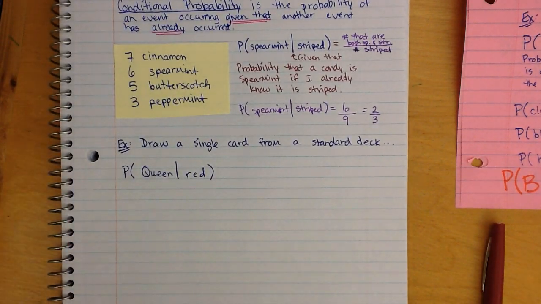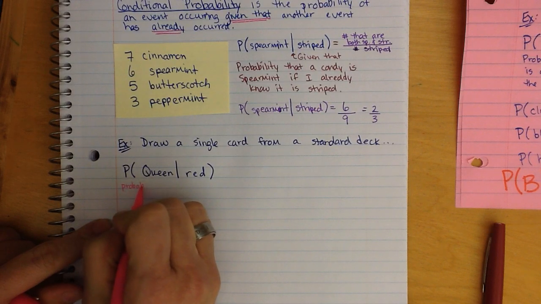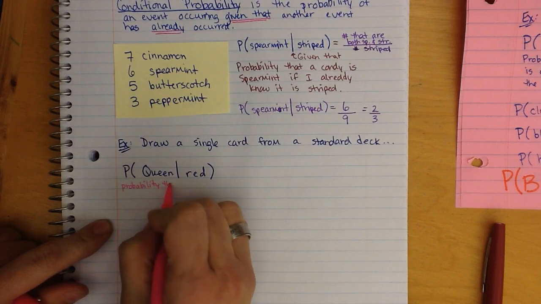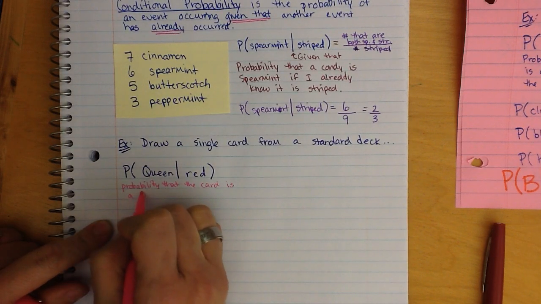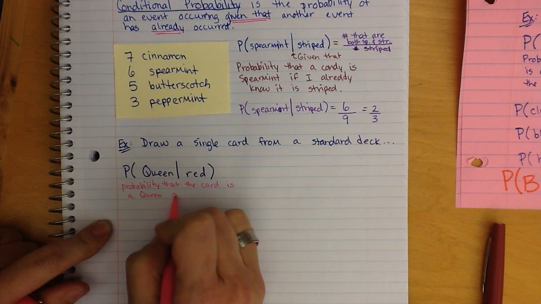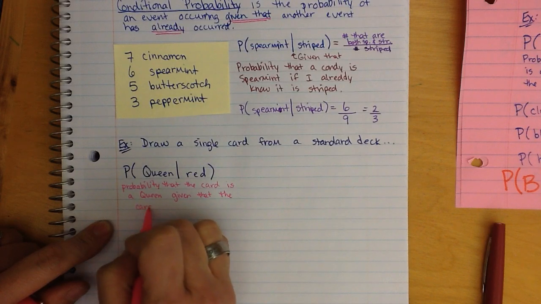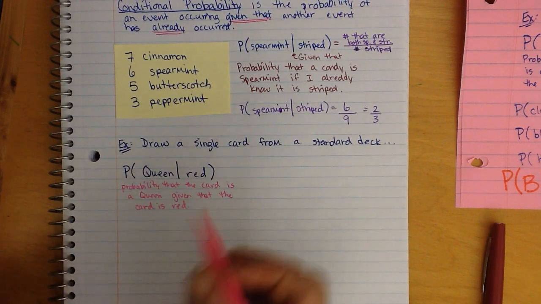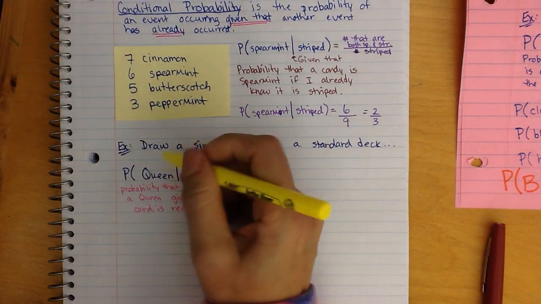Okay, so what does this notation mean? This means that I want to know the probability that the card I draw is a queen given that the card is red. So the given that words are represented in the writing up here by this bar.